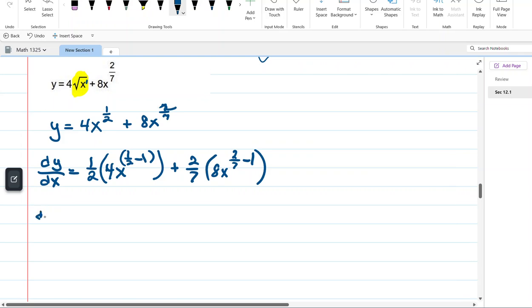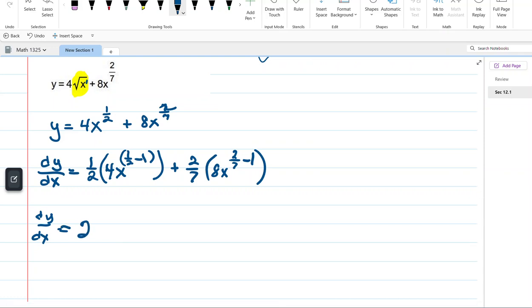Simplify. Half times 4 is 2, x to the negative 1 half, plus 16 sevenths x to the negative 5 sevenths.